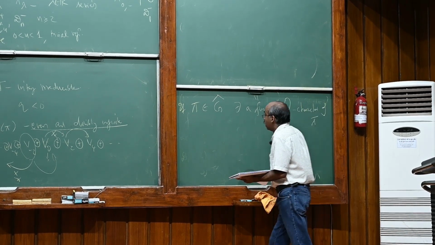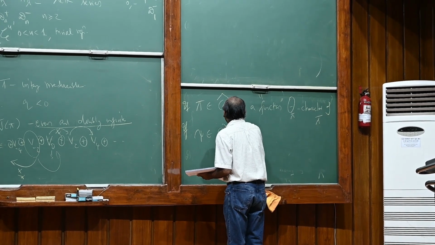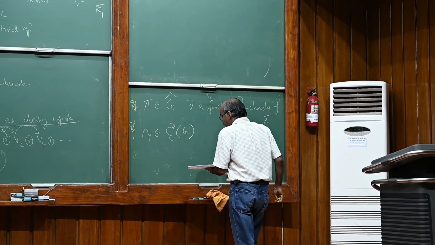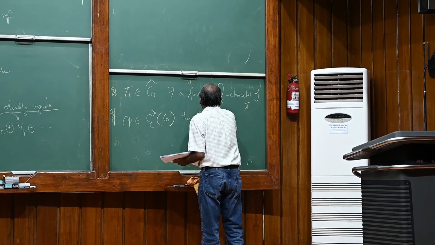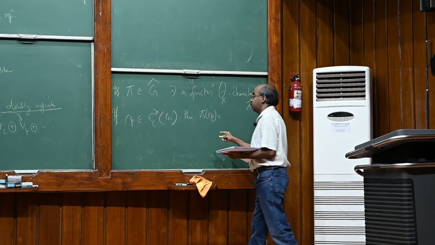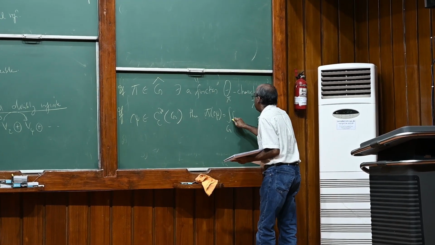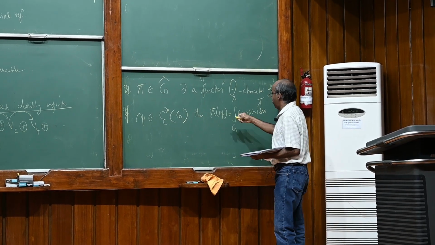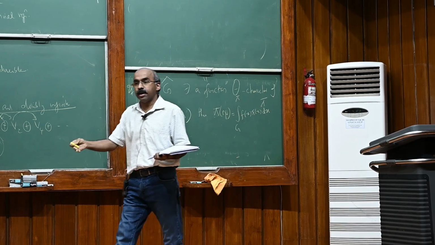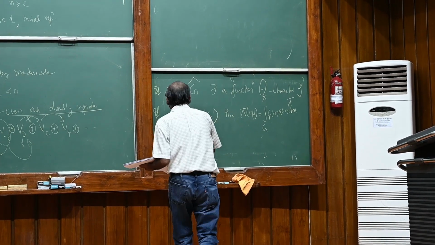If I take a nice C infinity function psi, then pi of psi, remember, this is the Fourier transform of the function psi, the integral of psi(x) pi(x) dx. This is a priori a bounded operator on the Hilbert space where pi is realized. It's a trace class operator.